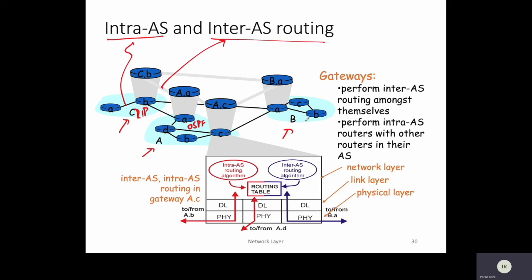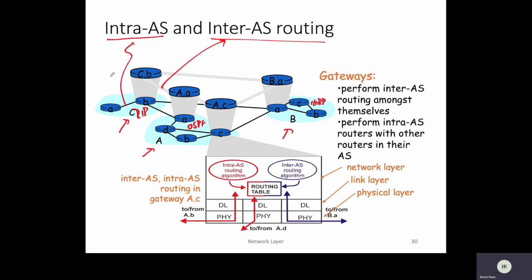And similarly, maybe I can use Cisco's interior gateway routing protocol, IGRP, which is proprietary, implemented in autonomous system B for intra-autonomous system routing.